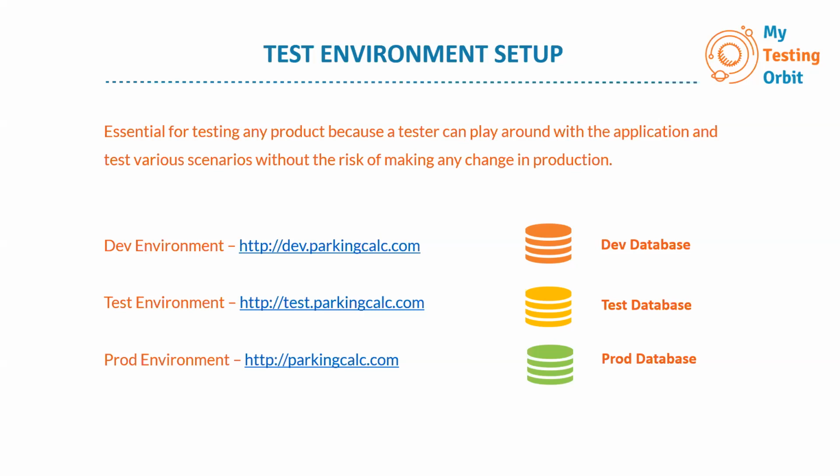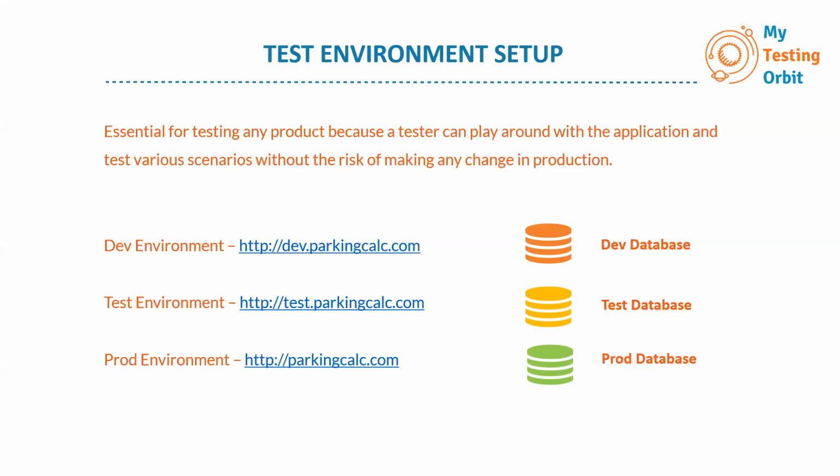So setting up a test environment, a good environment, is very challenging. That's why this is a key part to consider when you are testing any kind of application: you should make sure that the test environment is there. Just to give you an example, if there is a dev environment, the URL can be something like dev.parkingcalc.com.